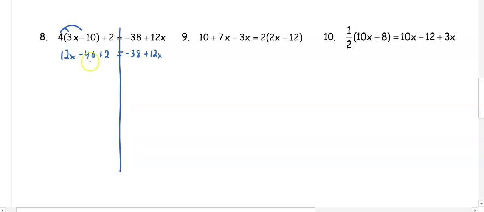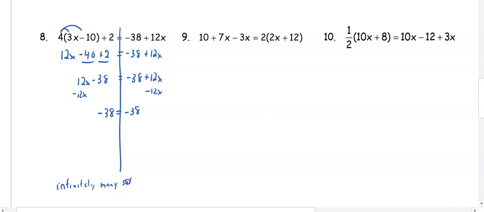On the left-hand side, we can combine negative 40 plus 2 is negative 38. So 12x minus 38 equals negative 38 plus 12x. 12x is the same variable on both sides. So when we subtract 12x, those are canceled out. So we're left with negative 38 equals negative 38, which is true. So this is going to be infinitely many solutions.